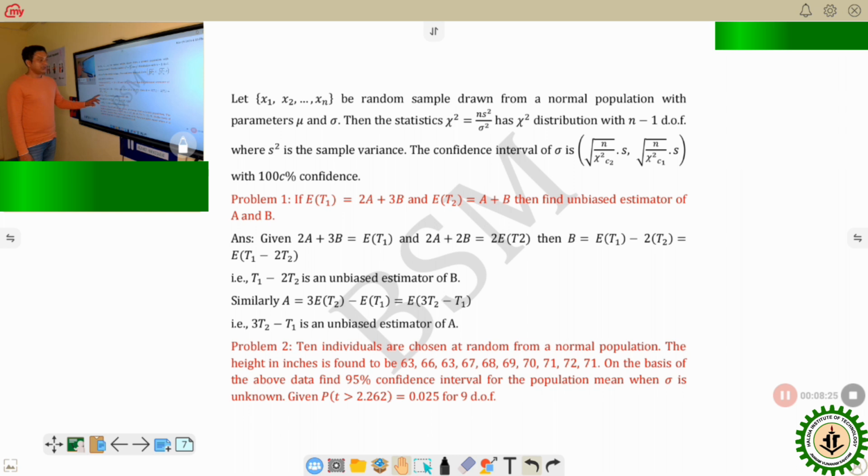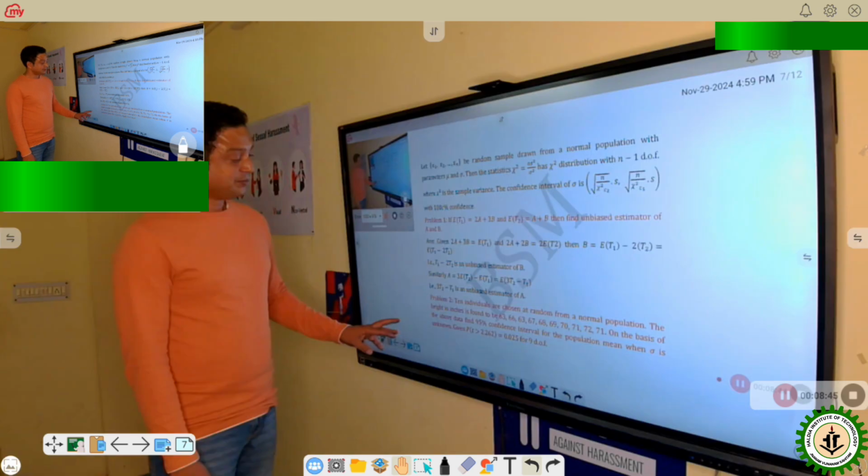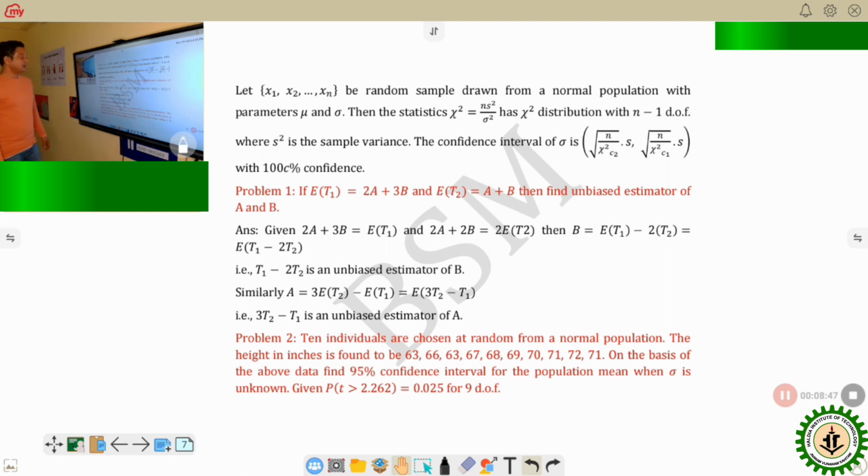Then you get b equals the expectation of T1 minus 2 T2, so T1 minus 2 T2 is an unbiased estimator of b. And a equals the expectation of 3 T2 minus T1, so 3 T2 minus T1 is the unbiased estimator of a. Simple.